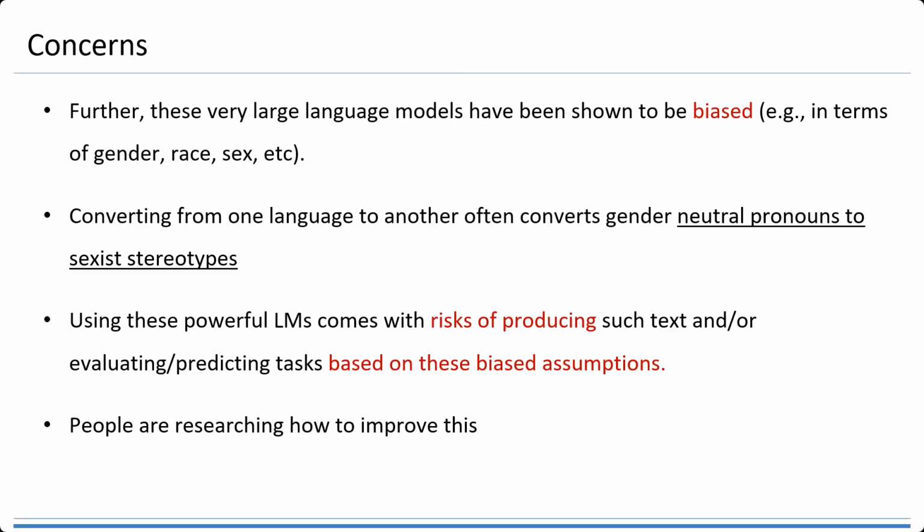The other thing is just a kind of concern. When you try to use this kind of modeling, this very large language model has been shown to be biased. Until now, it still has bias, like gender, race, sex, and converting one language to another often converts gender neutral pronouns to sexist stereotypes.